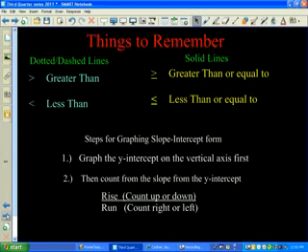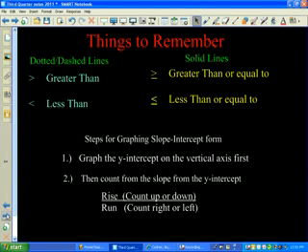If you have greater than or equal to or less than or equal to, you're going to use a solid line. Since it's equal to, that means it's including that number. It's including that number that it's less than. It's including that number that it's greater than. So since we're including that number, we want to use a solid line to represent that inclusion.